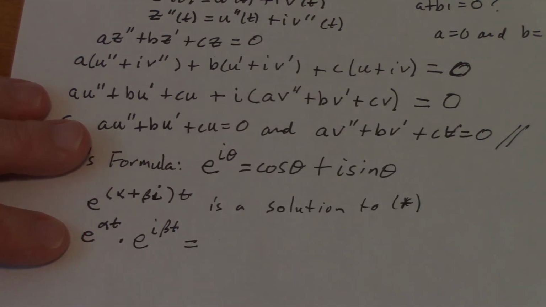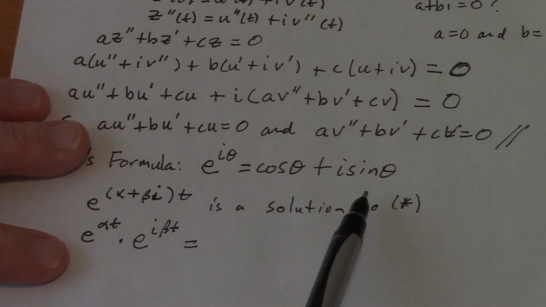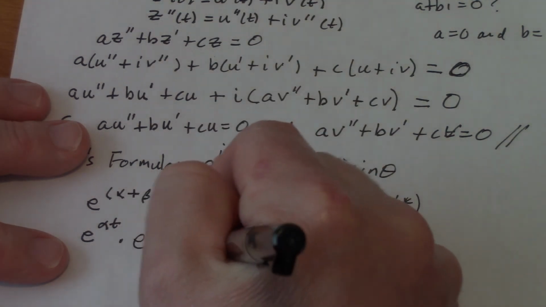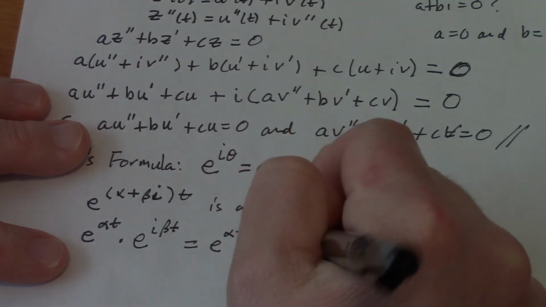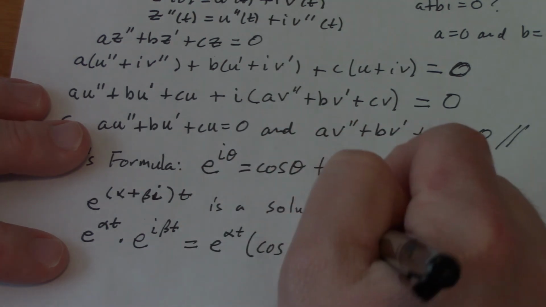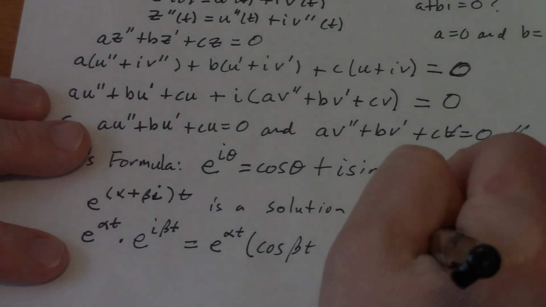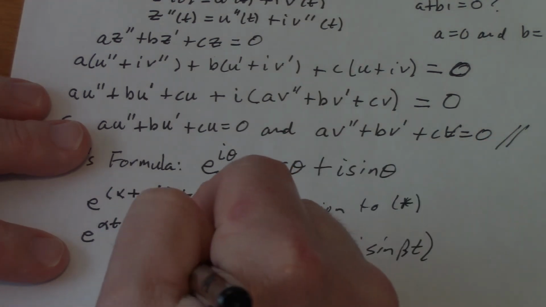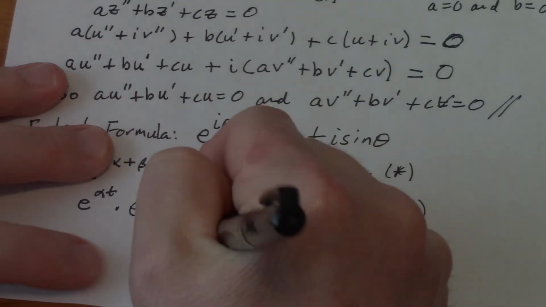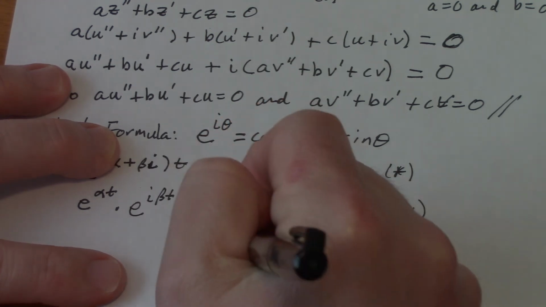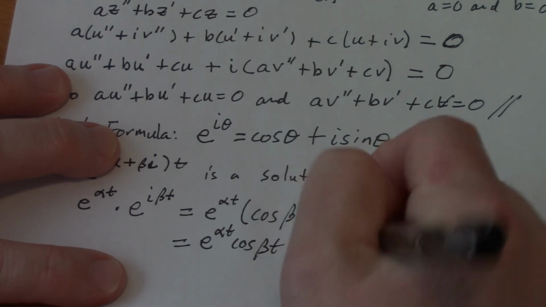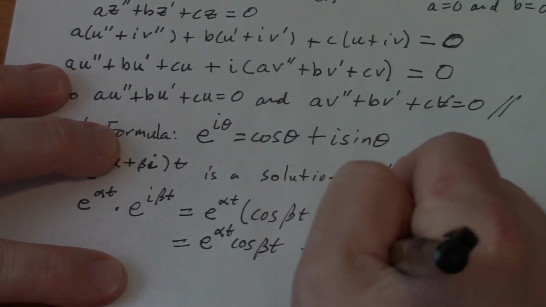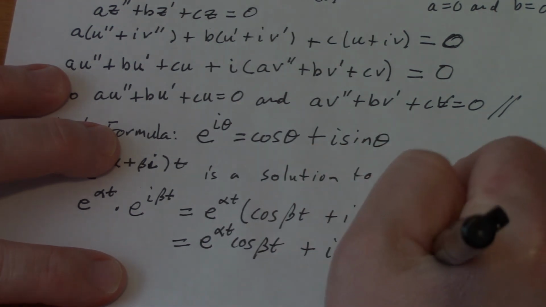Okay? And then if we use Euler's formula for the e to the i beta t, we get that this is equal to e to the alpha t times cosine beta t plus i sine beta t. And then let me just spell all that out. So that's e to the alpha t cosine beta t plus i e to the alpha t sine beta t.